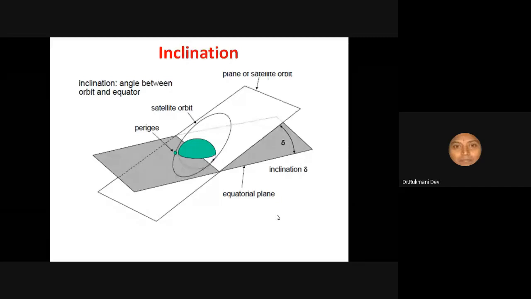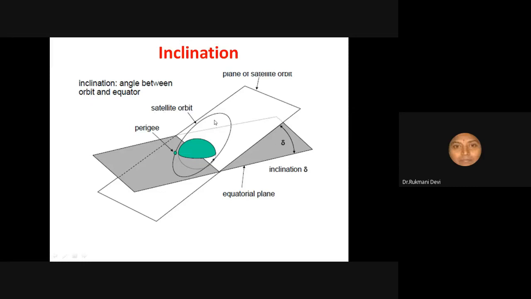The inclination is nothing but the angle between the orbit and the equator. You have an equatorial plane, which is exactly at 0. Now you have some inclination at the center. So you look at that.